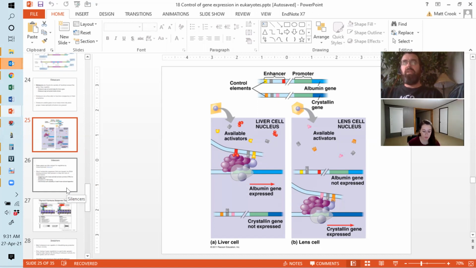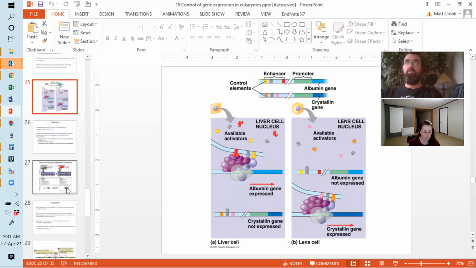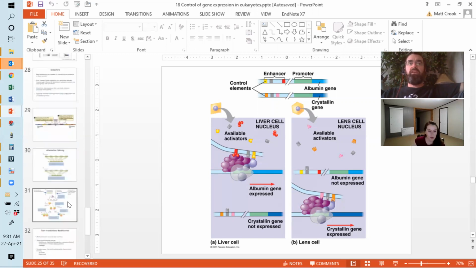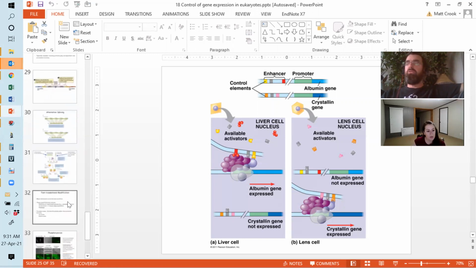But anyway, what we have left of this PowerPoint is really talking about a few of the other cis-regulatory elements, and then moving on to some RNA stuff and then some protein stuff, essentially. So I want to get that done.